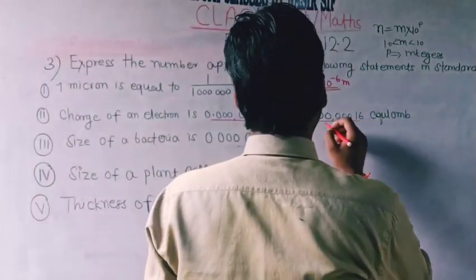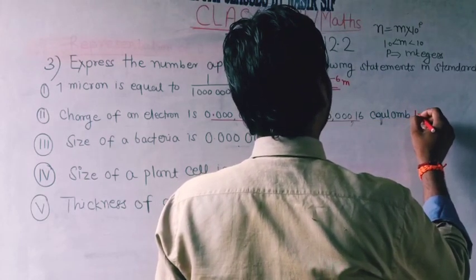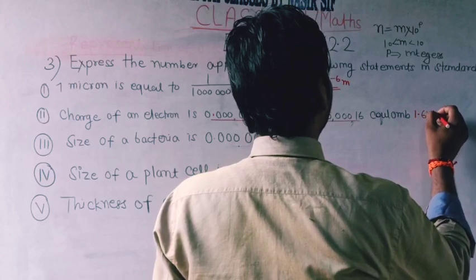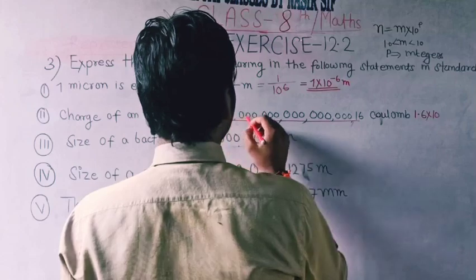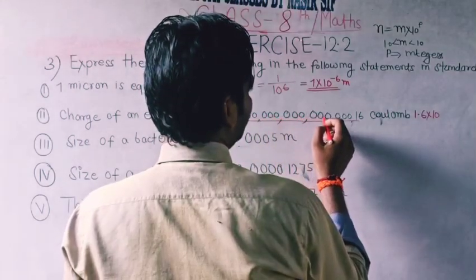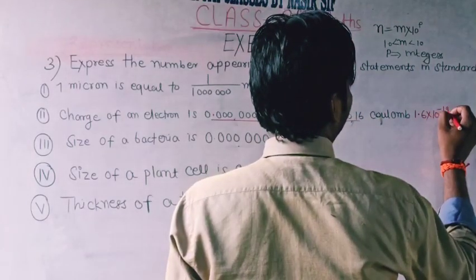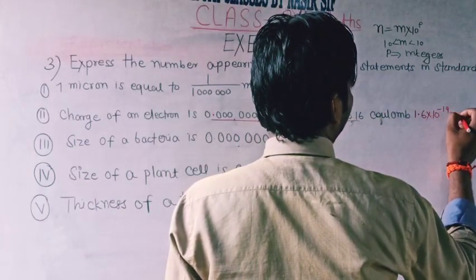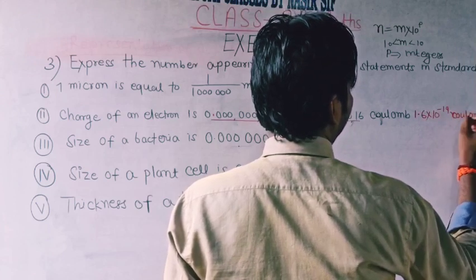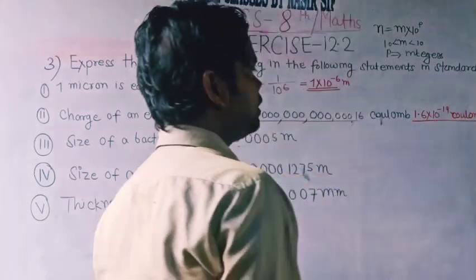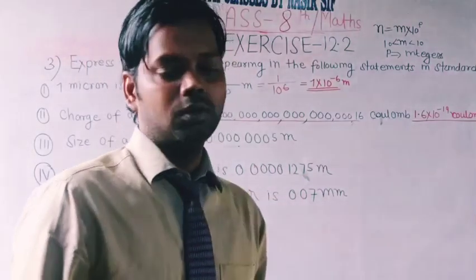So in standard form this is 1.6 into 10 to the power minus 19 coulomb, counting 3, 6, 9, 12, 15, 18 and 1 more makes 19.